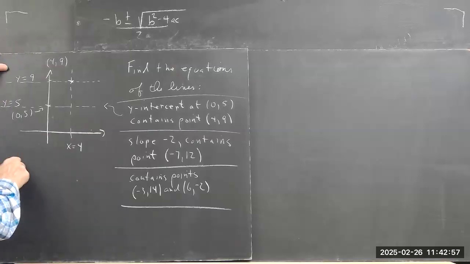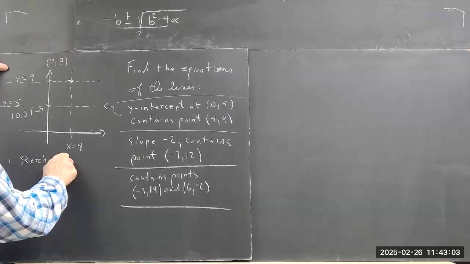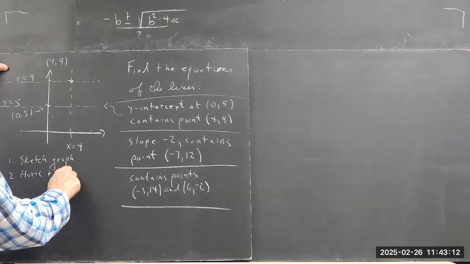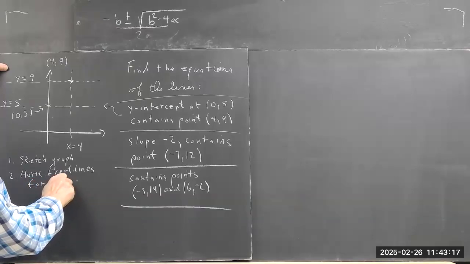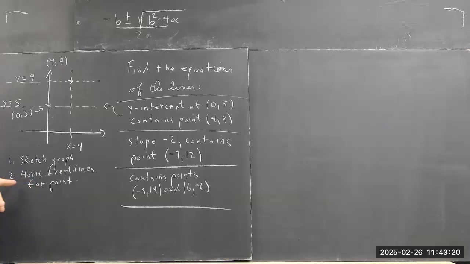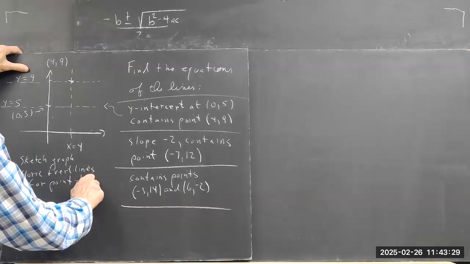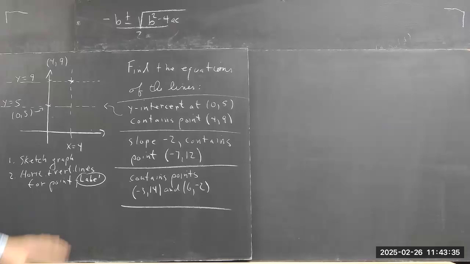For this one, first thing I did, it's a graph, made horizontal and vertical lines for the points. And you want to label those lines so you know what you're looking at. Because now you can, at a glance, see what's going on the graph.